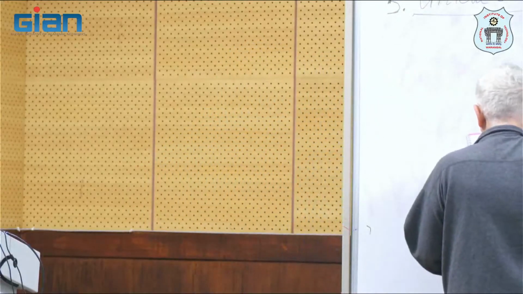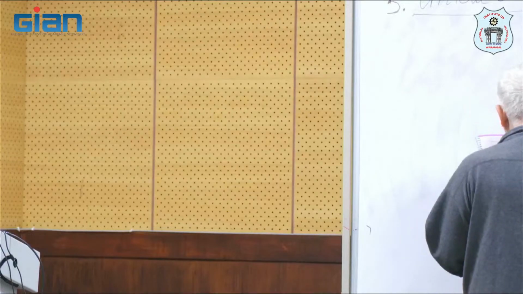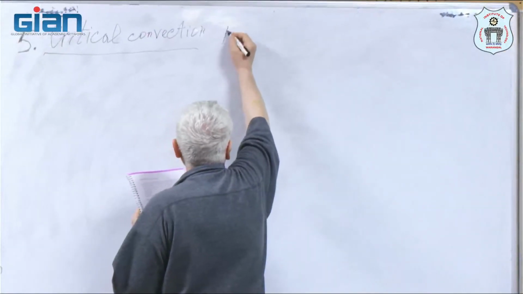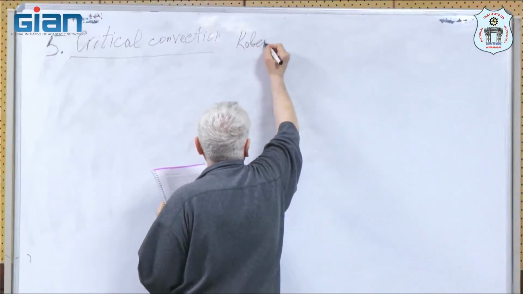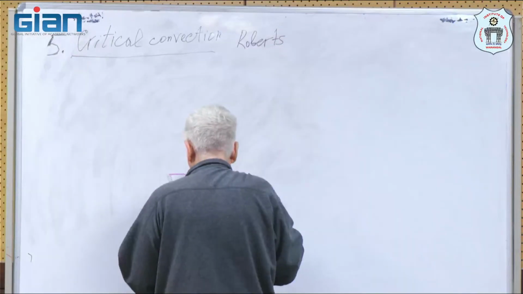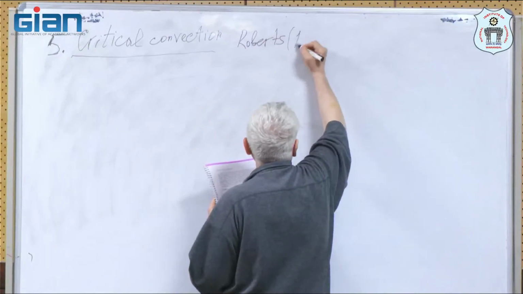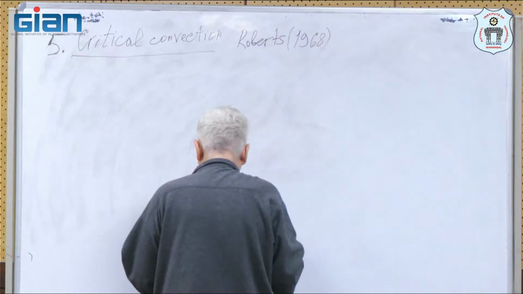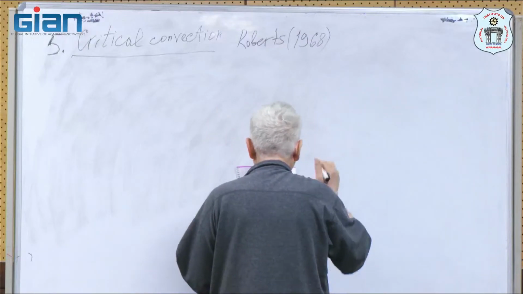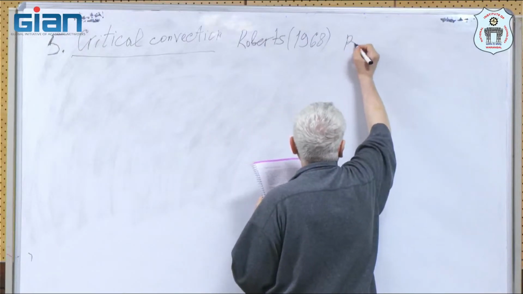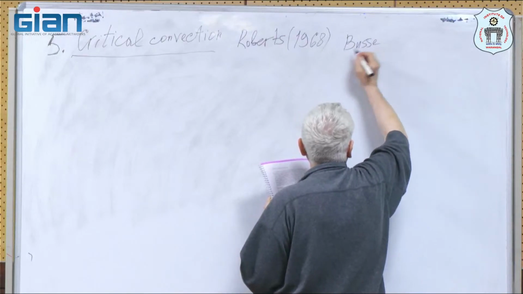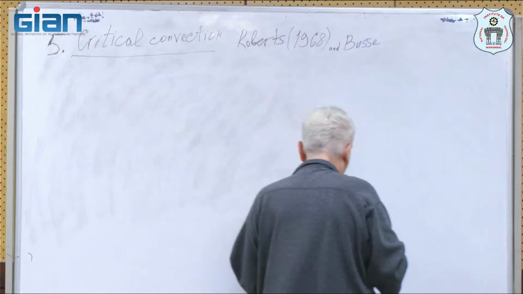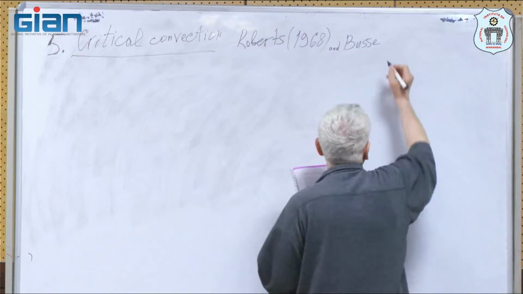So the founders of all this asymptotic critical convection approach were first Roberts in 1968, and the second is Busse in 1970.